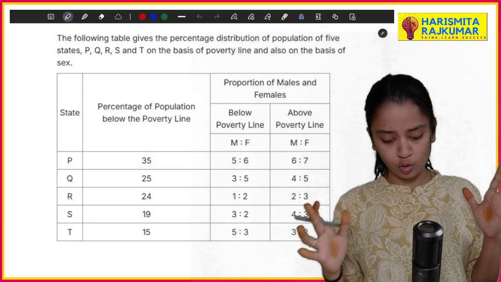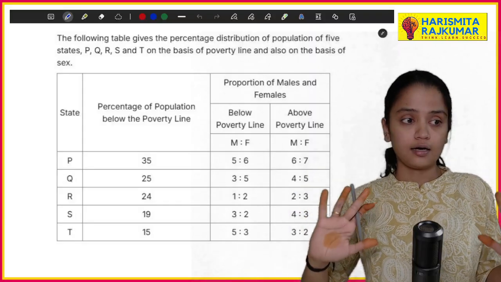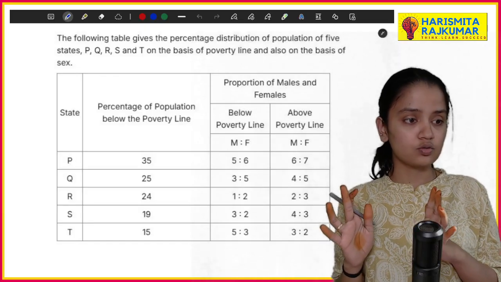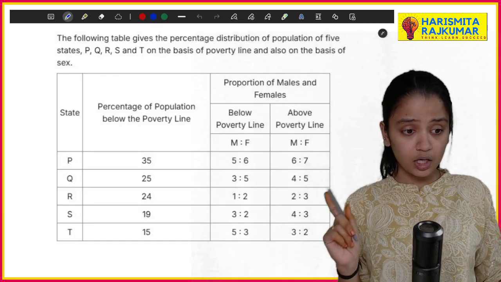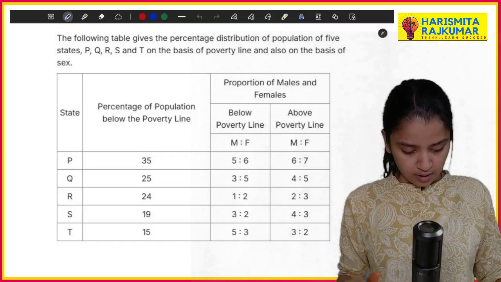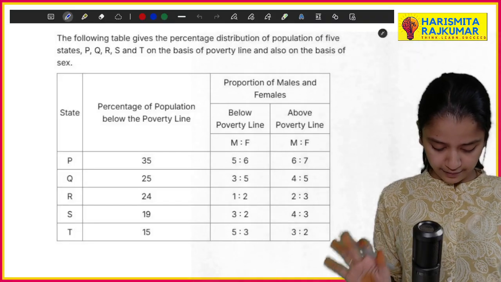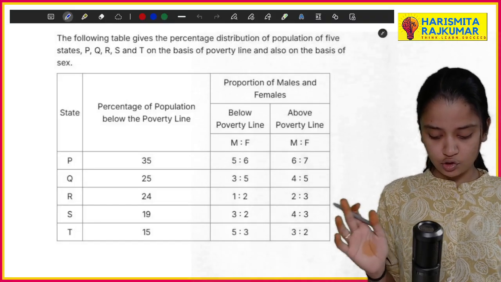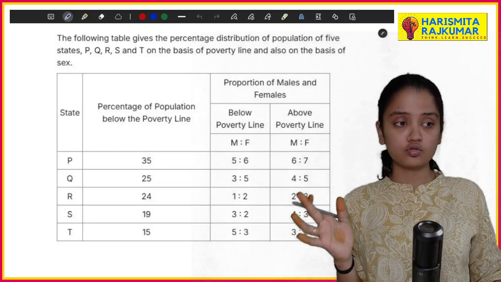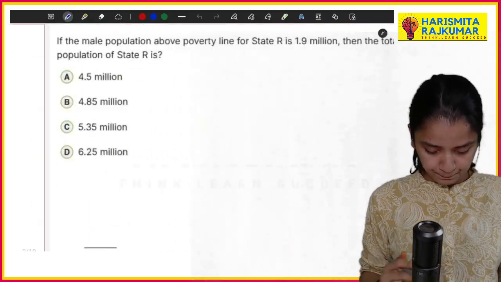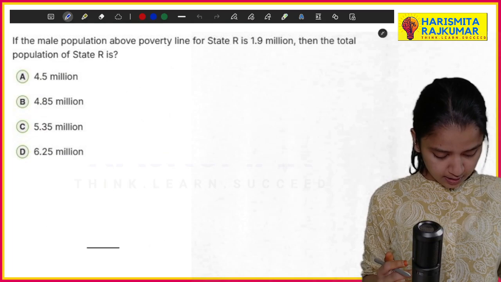I hope it is clear. I need not zoom, I guess. Now, let us check the first one. There are 5 states P, Q, R, S, T, and they have given the ratio of male to female.